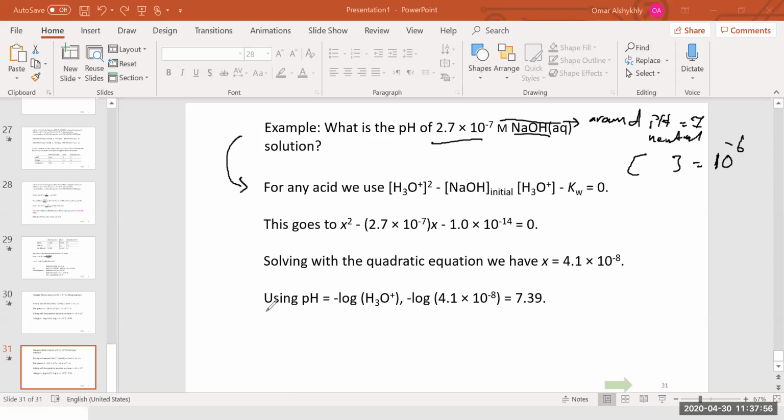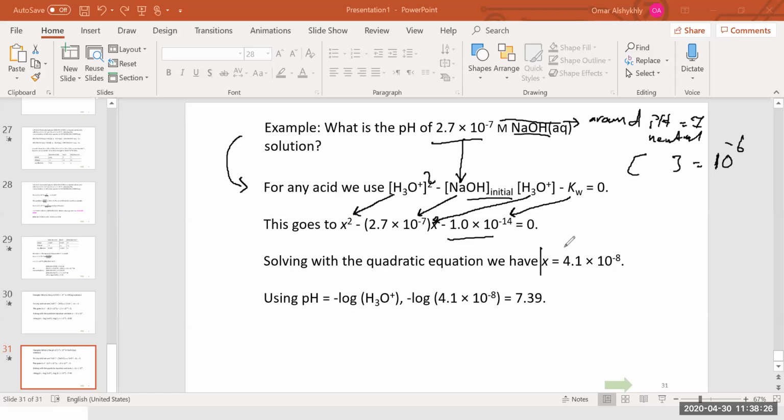So for basic, we will use the H3O positive to power 2. Here NaOH initial times the H3O positive concentration minus the Kw equals 0. So here we'll represent the X squared, here the amount of NaOH, and here the X, here the Kw. Solve the problem using the quadratic equation.